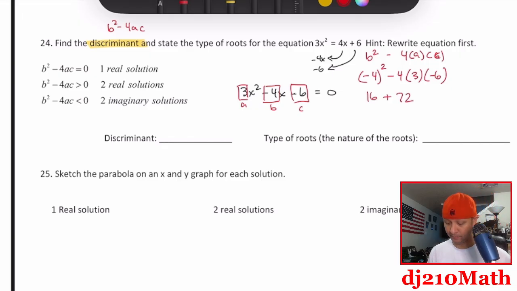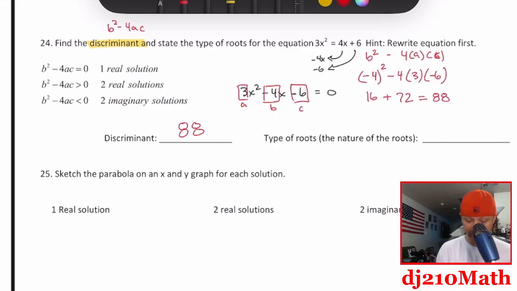All right. So 16 plus 72 is 88. Hope that's right. So the discriminant is 88. Which category does this fall into? Is it equal to 0? No. Is it bigger than 0?